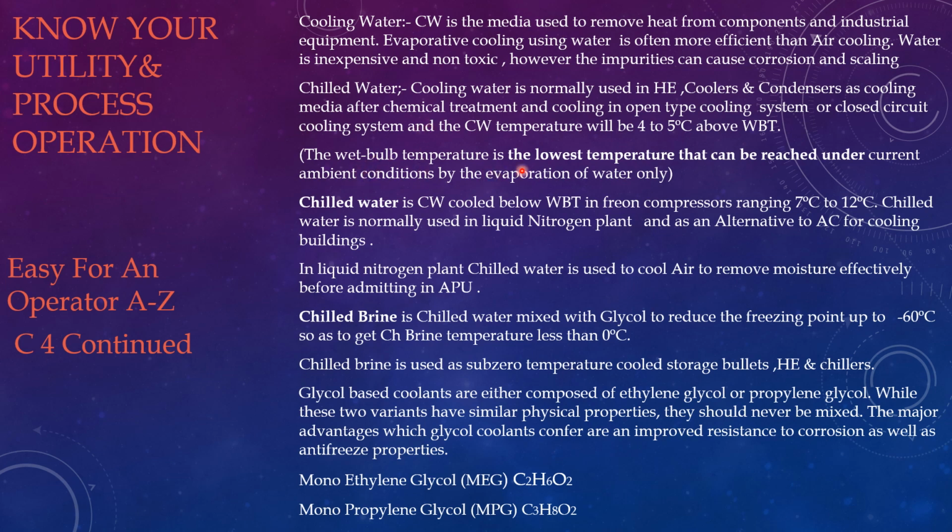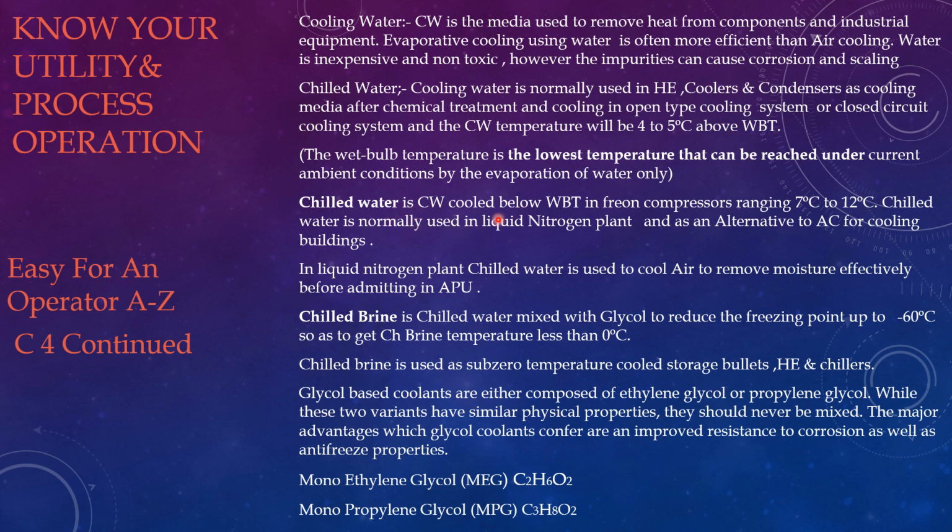The wet bulb temperature is the lowest temperature that can be reached under current ambient conditions by the evaporation of water only. That is, in a cooling tower you can reach the cooling water temperature when it is getting heat from the process. It will be around 4 to 5 degrees centigrade above the wet bulb temperature only.